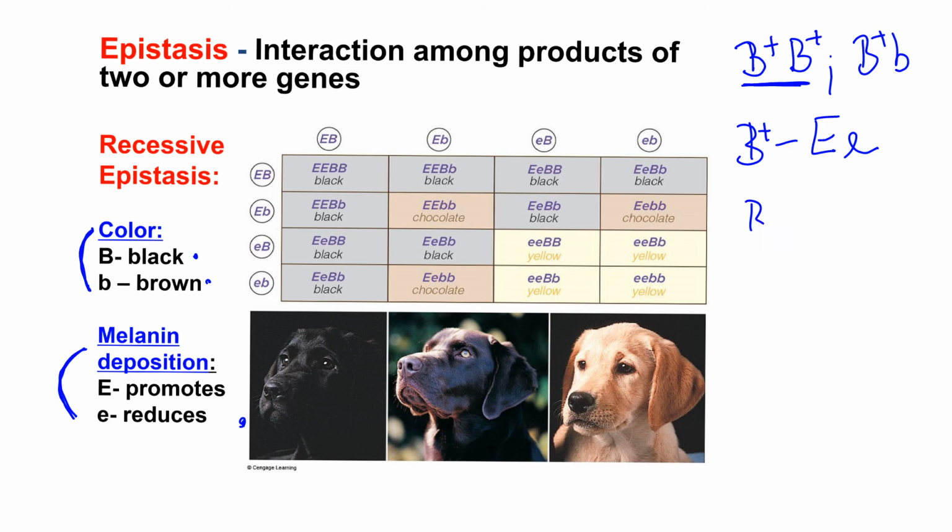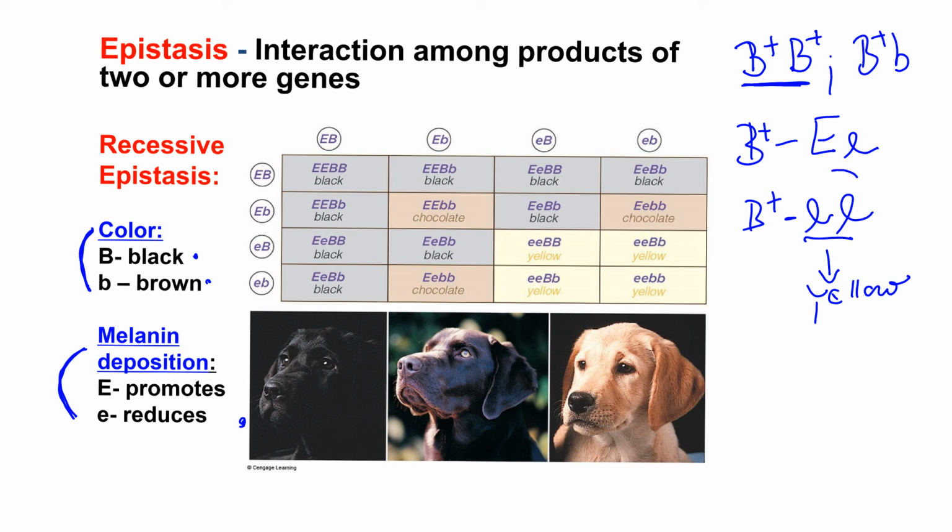So if, for example, you have dominant gene B, however, the dog is homozygous recessive for E, what does it mean? That he does not produce any transporter. The outcome, the final color, will be not black but yellow.